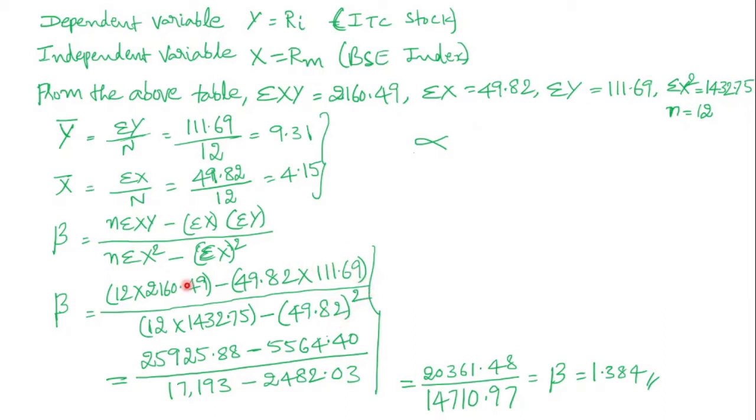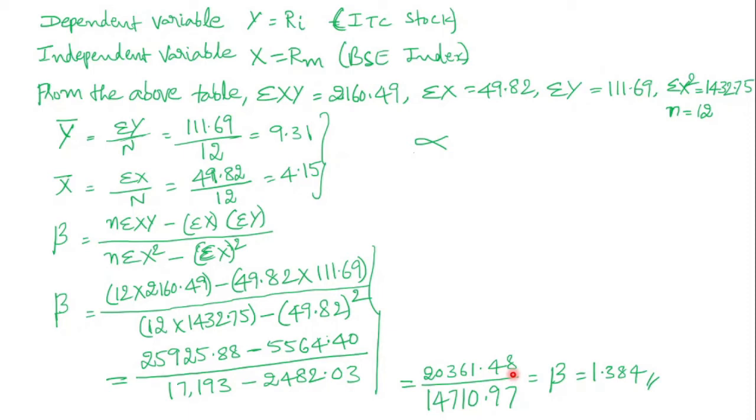whole square. After multiplying these values, we will get 25,925.88 minus 55,564.40, divided by 17,193 minus 2482.03. After multiplying, we will get all these values, and again subtracting, we will get 20,361.48 divided by 14,017.97.